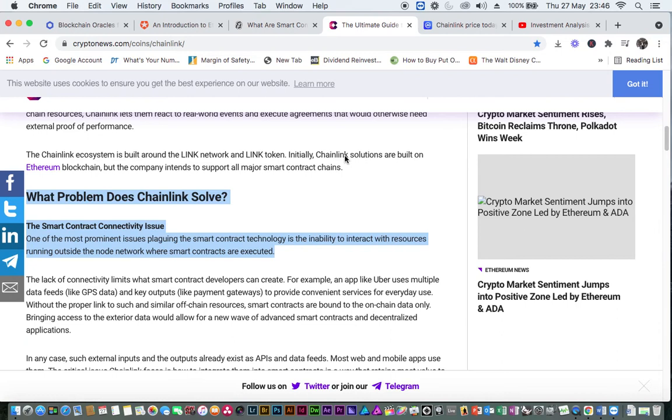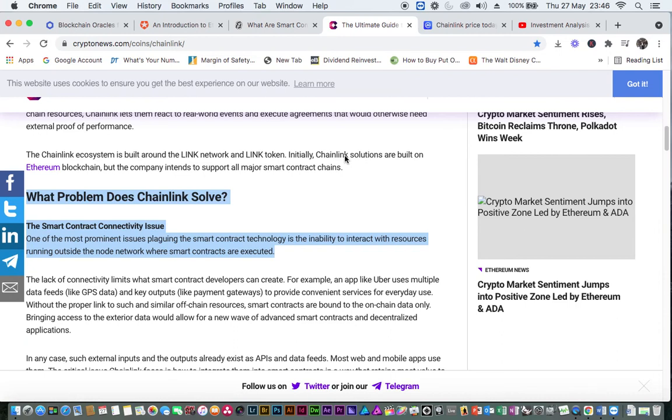The lack of connectivity limits what smart contract developers can create. For example, an application like Uber uses multiple data feeds like GPS data and key outputs like payment gateways to provide convenient services for everyday use.